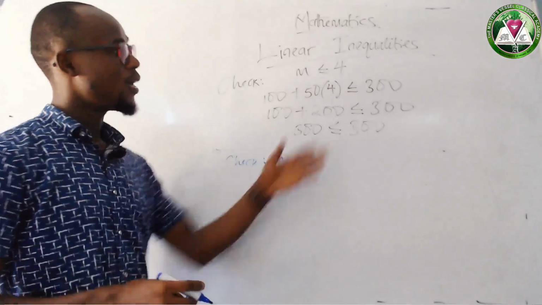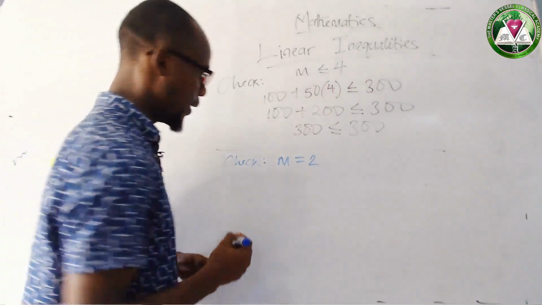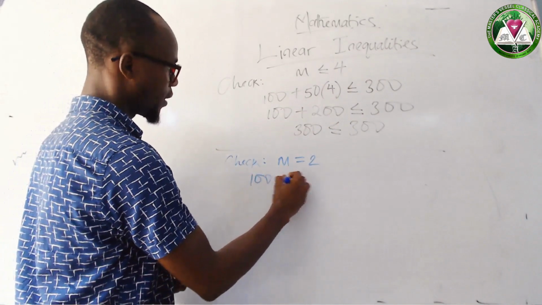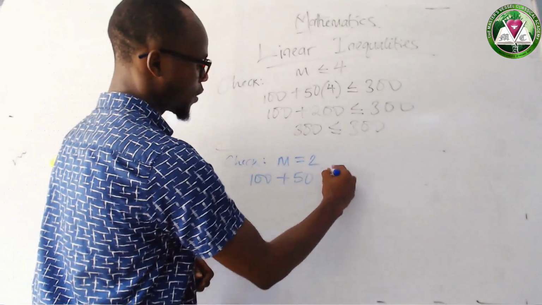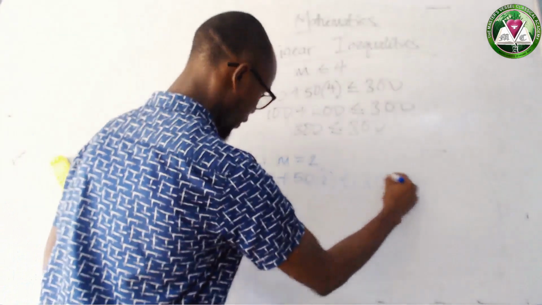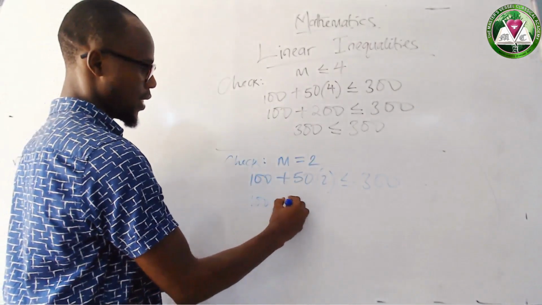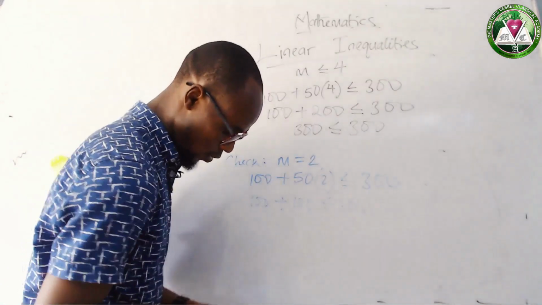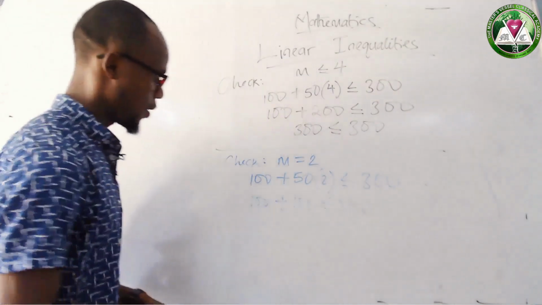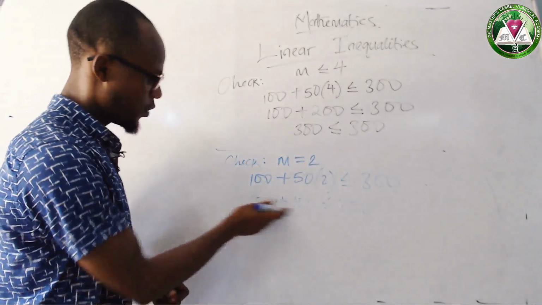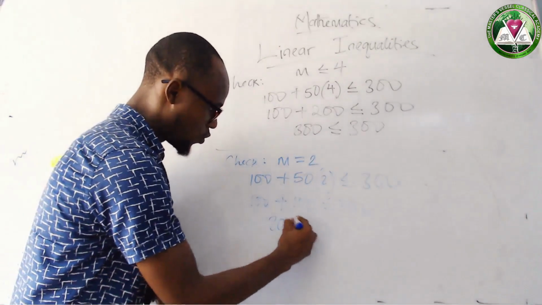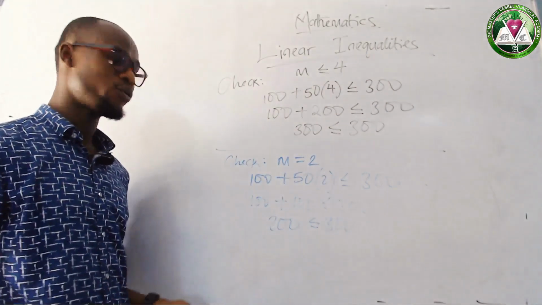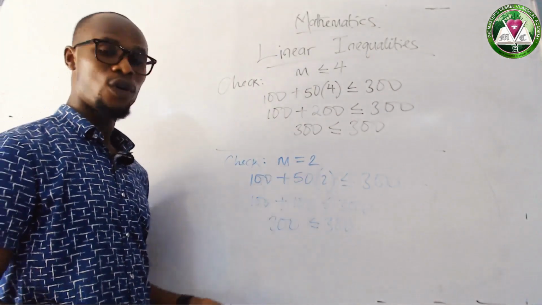Let's see if his amount will be exceeded. Putting 2 in our inequality, we have 100 plus 50 multiplying 2 less than or equal to 300, which gives 100 plus 100 less than or equal to 300. From our left hand side, 100 plus 100 gives 200, which is less than or equal to 300, which is true. That means Morgan can travel for 2 miles.